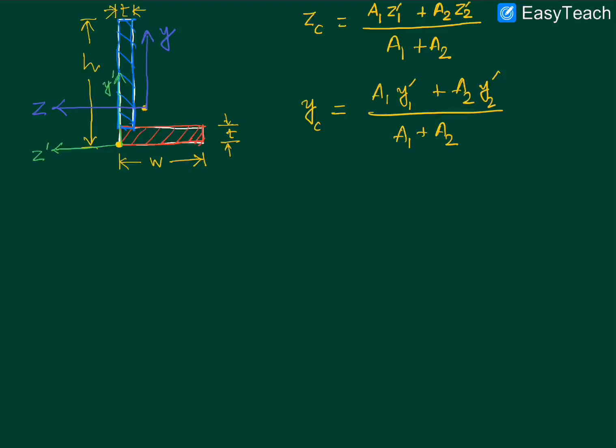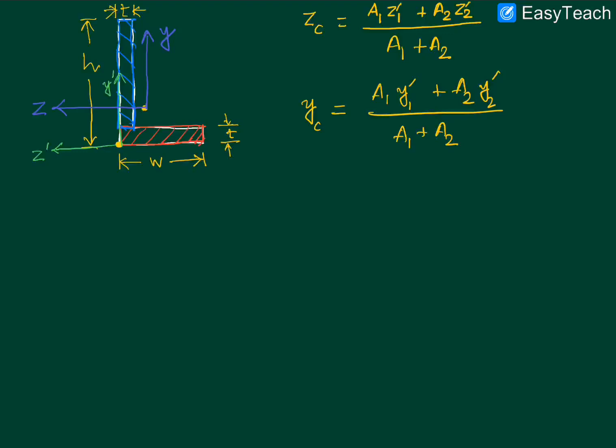So now that we have identified the centroid and set up our coordinate axis at the centroid, our first step in solving problems is done. The next step is to find out the second moments of area of the whole L-shaped cross-section.